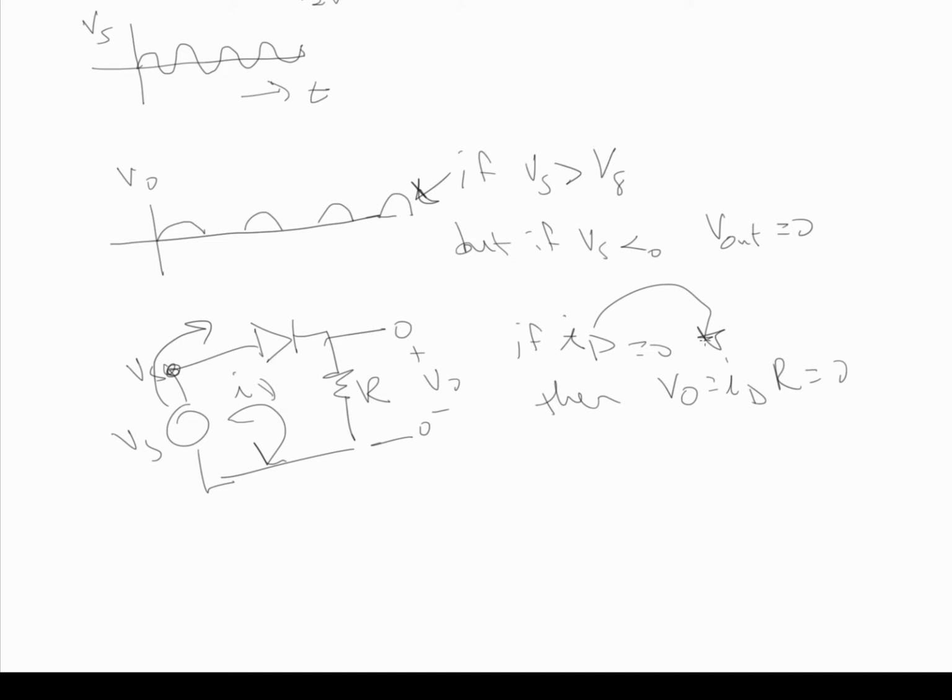And so the diode's not conducting, and you only get a voltage drop when it conducts. This point right here, this maximum that you see here, is basically going to be Vs minus V gamma at that point, because you always lose the drop over the diode.